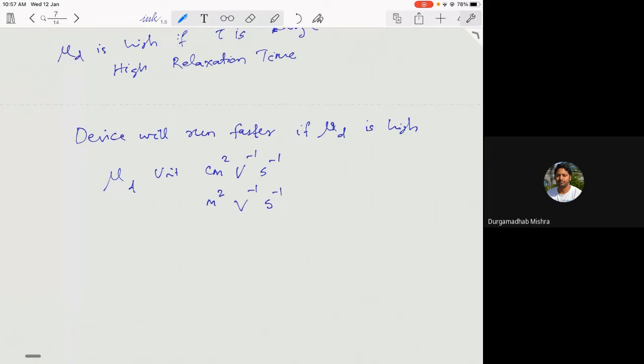In the case of a MOSFET device or a field effect transistor, which normally you use as an on-off switch because you want to switch between 1 and 0.